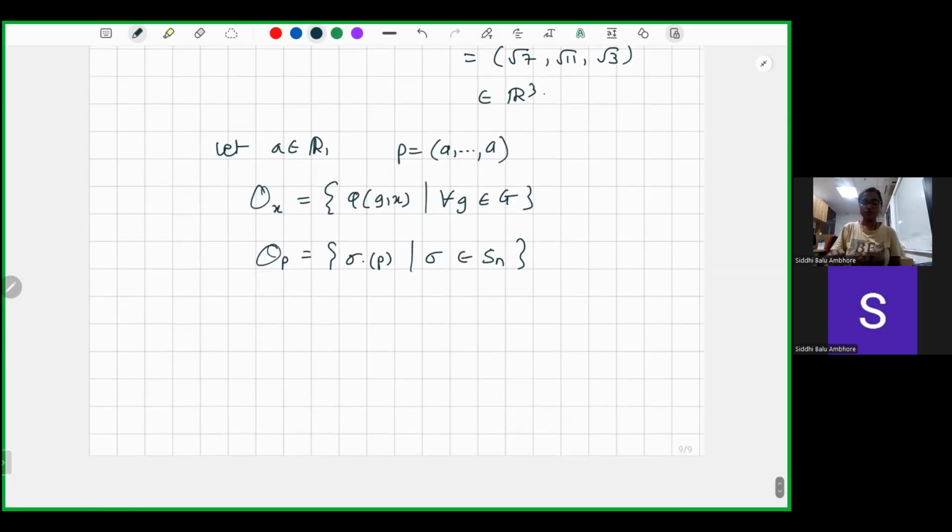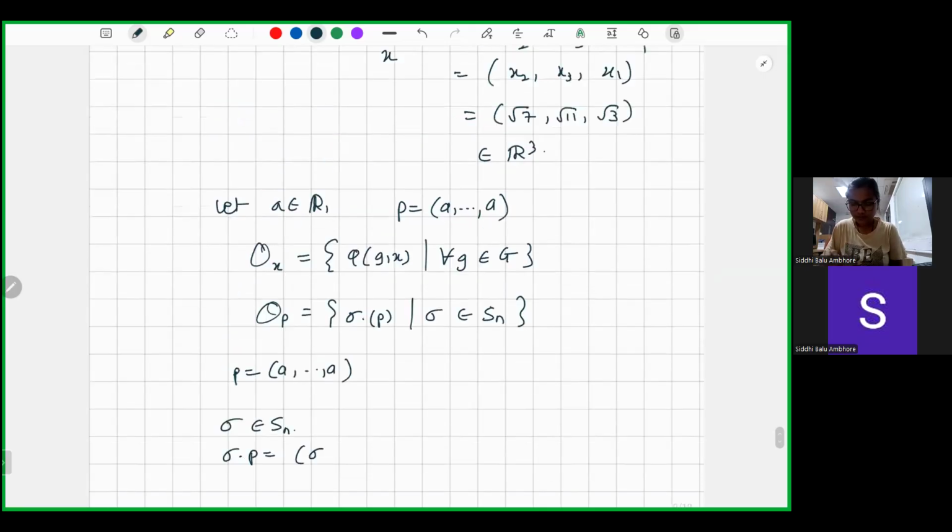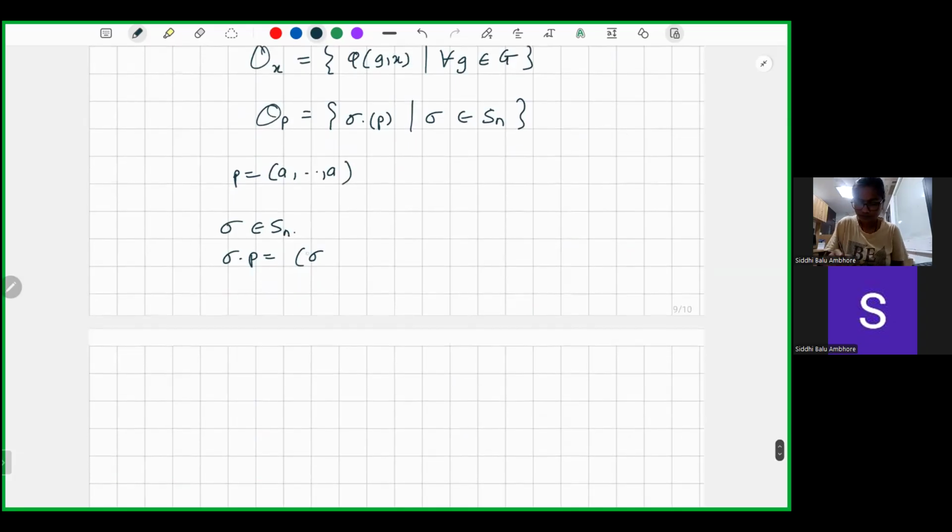Since P is just A in every entry, it doesn't matter whatever permutation you apply. If sigma is in Sn, then sigma acting on P will be (P sigma 1, ..., P sigma n).